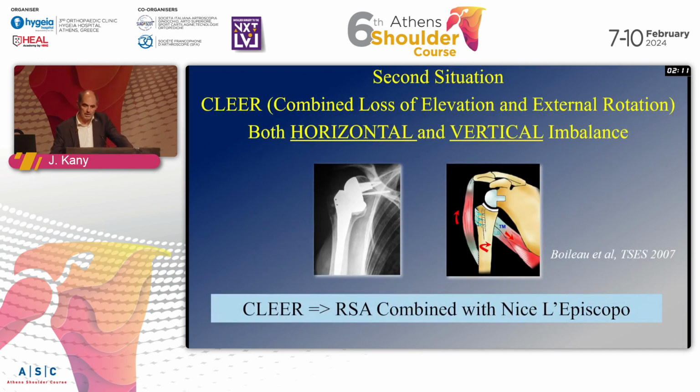In the same way, this is the second situation, and this is, if you follow the classification of Pascal, the combined loss of elevation and active rotation. And in that situation, you cannot make a transfer alone, but you can make a reverse plus a transfer, because you will restore the vertical imbalance of the shoulder, the instability of the shoulder, plus you will fire the external rotation, which has a deficit.